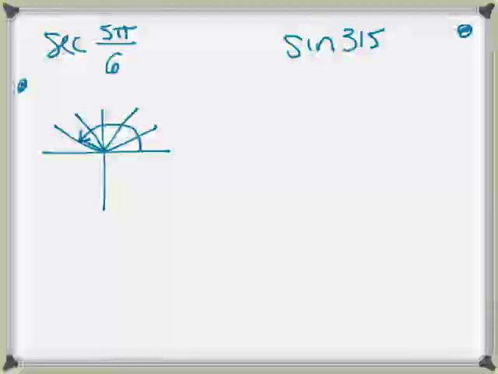How big is my reference angle? 30. 180 divided by 6 is 30. And close it up with the x-axis to enclose that 30. 1, 2, square root of 3. What about negatives? Square root of 3 has to be negative.